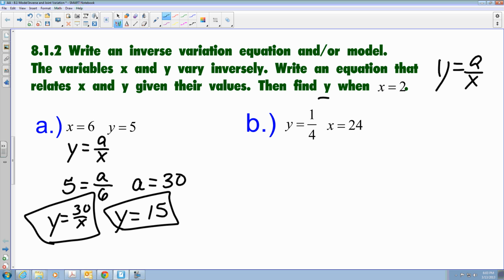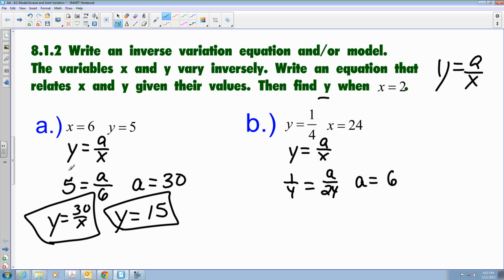Same thing goes for b. I'm going to use, again, y equals a over x. I'm going to take 1 divided by 4 equals a divided by 24. If I multiply both sides by 24, I get a equals 6.